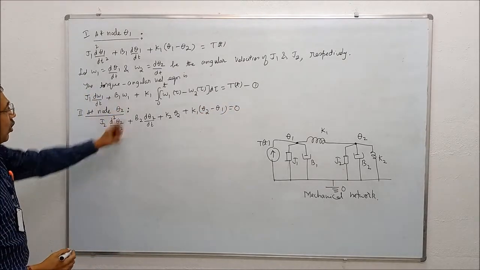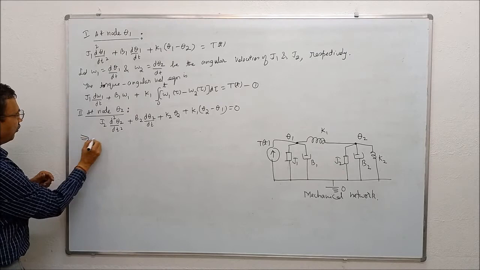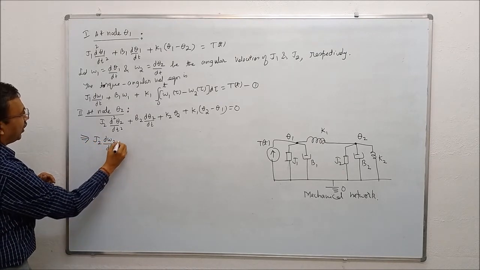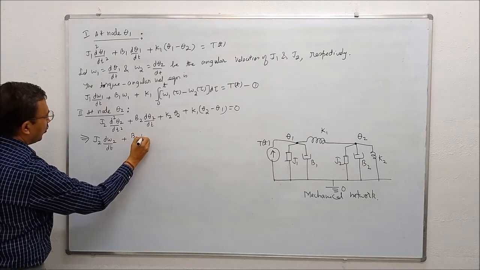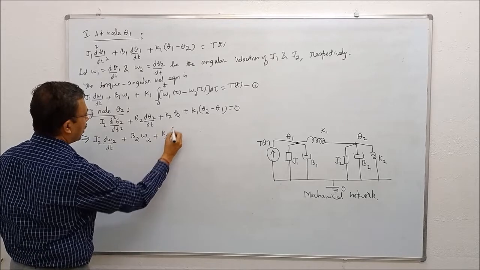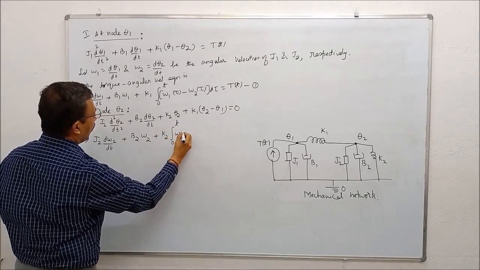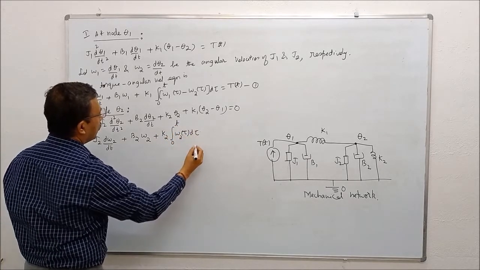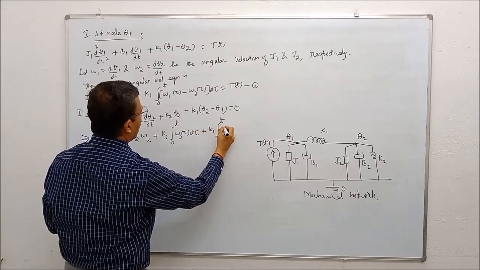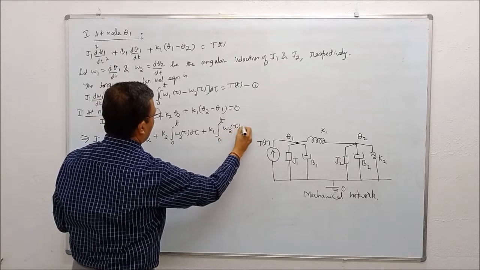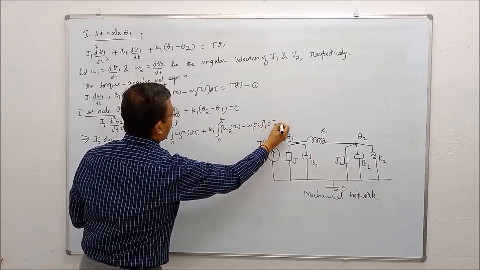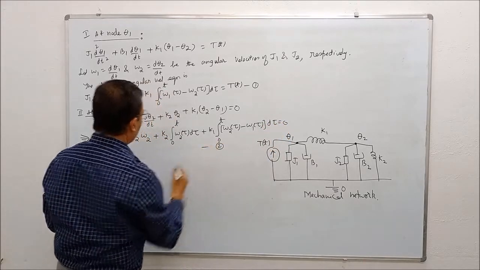The torque angular velocity equation is J2 dω2/dt + B2 ω2 + K2 ∫0 to t ω2(τ) dτ + K1 ∫0 to t (ω2(τ) − ω1(τ)) dτ = 0. This is equation 2.